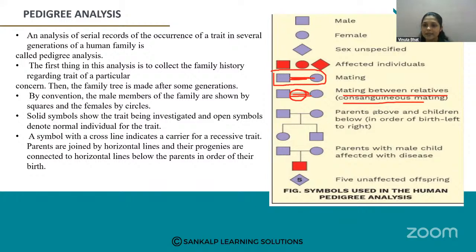So these are the parents and below these are children. Here this represents the parents with an affected child, and here five unaffected offspring. So these symbols are very important to construct the pedigree chart.